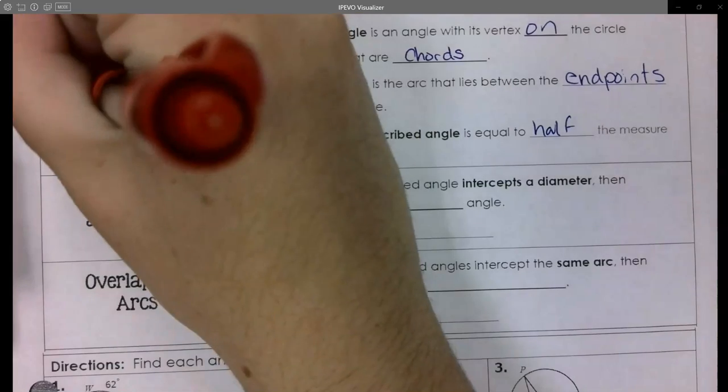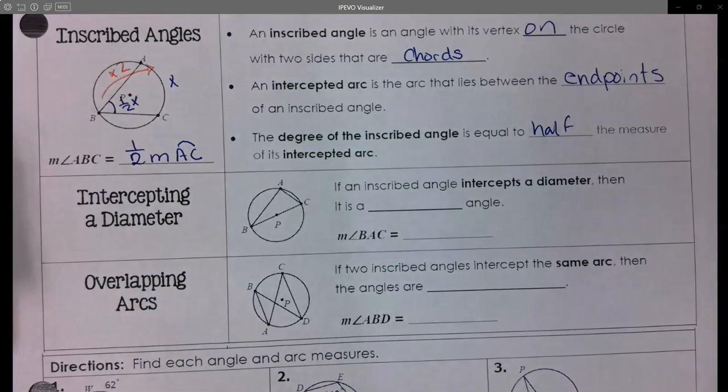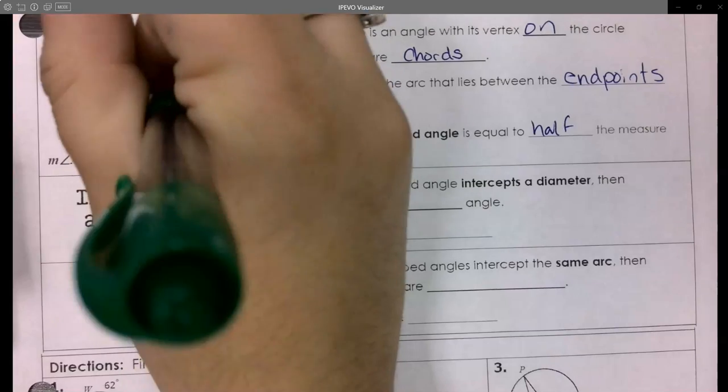So if I'm going from the angle to the arc, I want to times by 2. And if I'm going from the arc to the angle, I want to divide by 2.